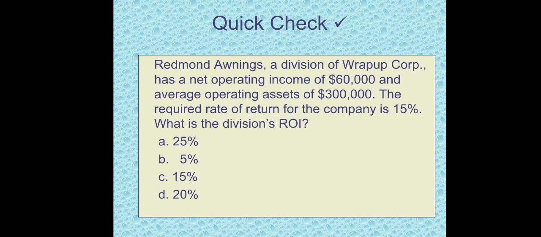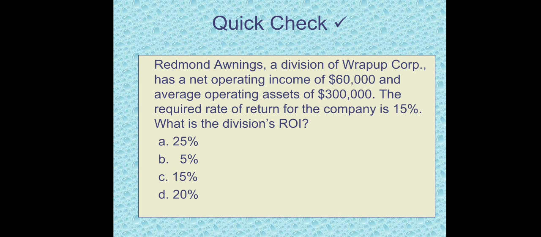At the end of the example, you will see that the residual income method is better compared to ROI in terms of encouraging managers to take new investment opportunities. ROI sometimes discourages managers from taking new investment opportunities.